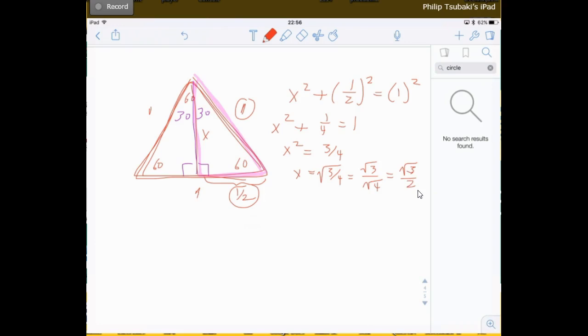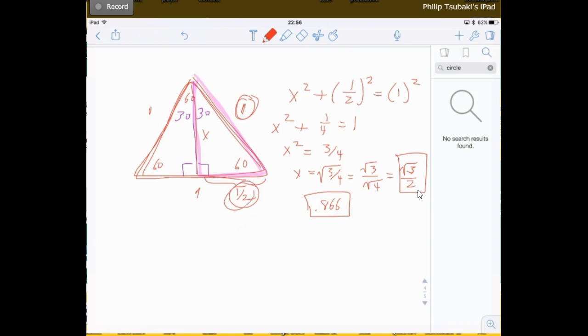Now I know that you can put square root of 3 over 2 in your calculator and get a decimal, which is 0.866. And that decimal is very useful to use in some of your classes like physics. But in math, you should keep it as square root of 3 over 2, and you should get to know that ratio really well. So if you have a 30-60-90 triangle and the hypotenuse is 1, the short leg is going to be length 1/2.